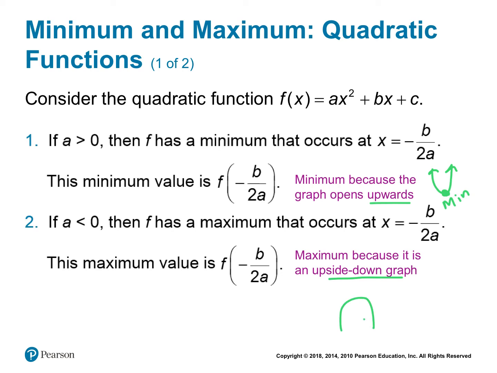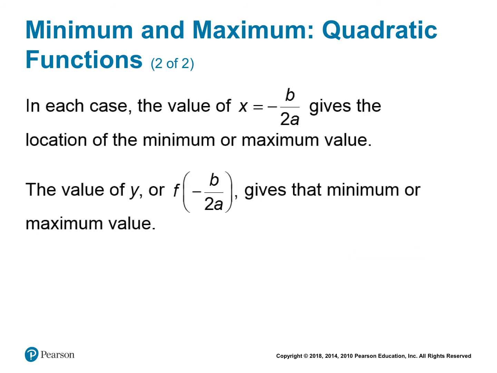So this point is a maximum because it's the highest point of the graph. And the value of x equals -b over 2a gives the location of that minimum or maximum because it is the vertex. It's going to help you find the vertex of it.